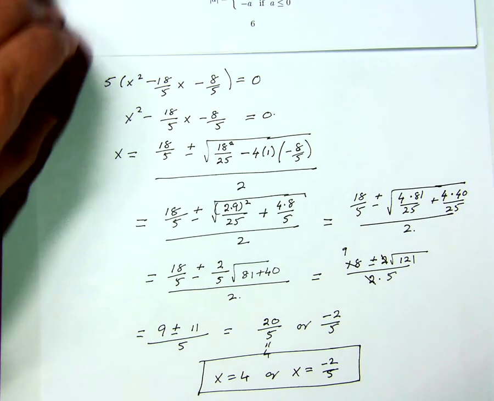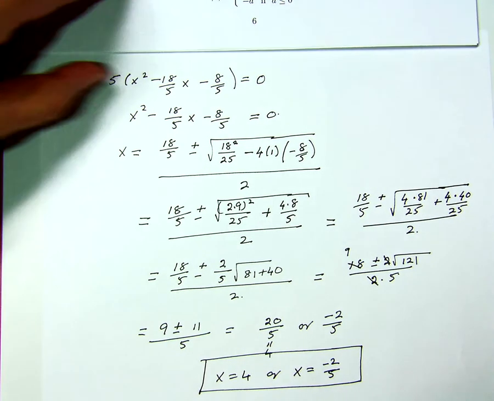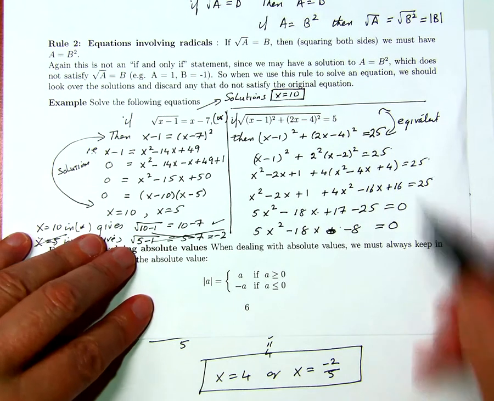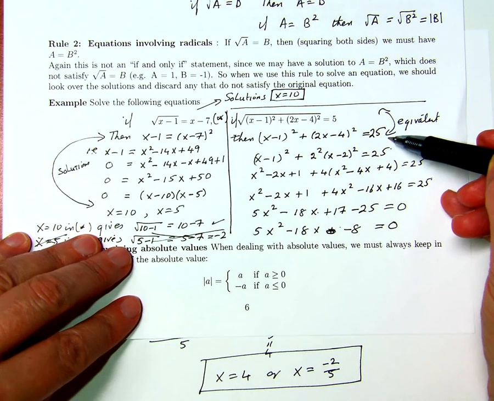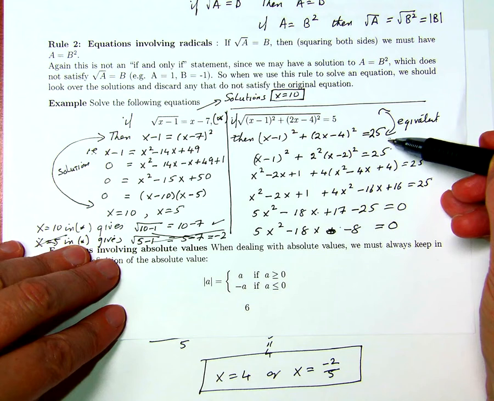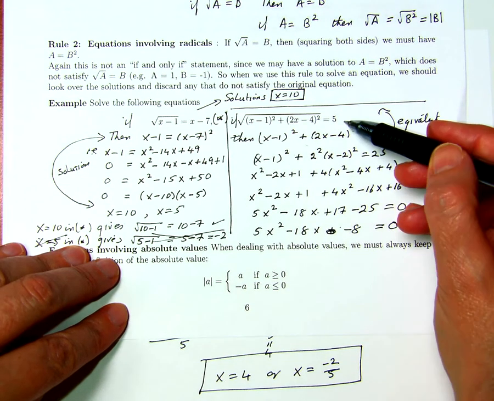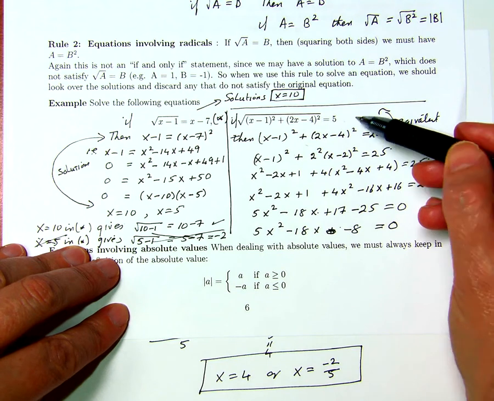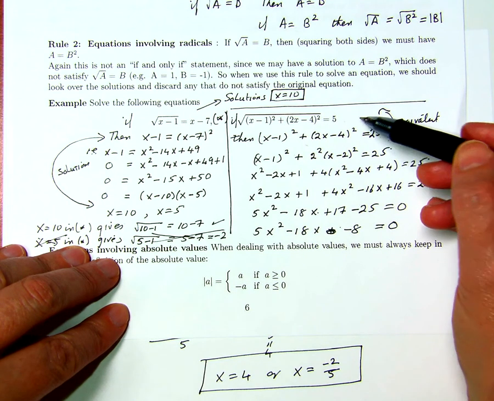Now both of those solutions are solutions to this equation, but I claim that any solution to this equation must be a solution to this equation because I can get from here to here by taking square roots.